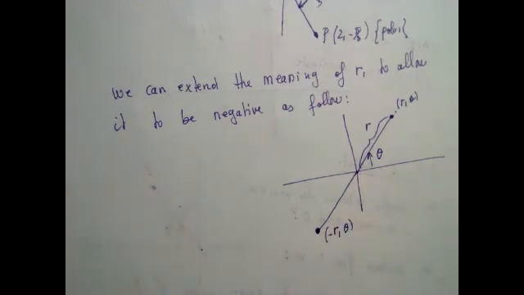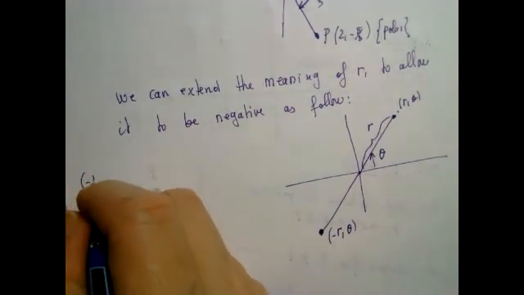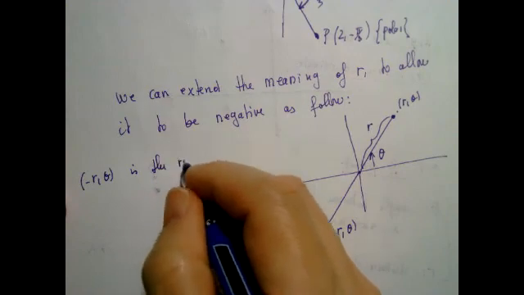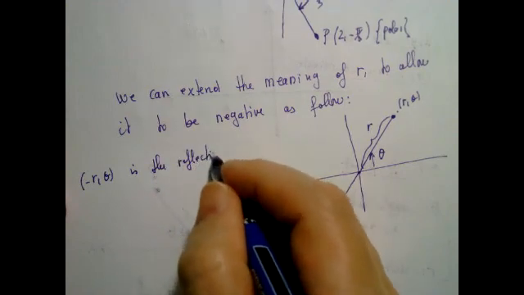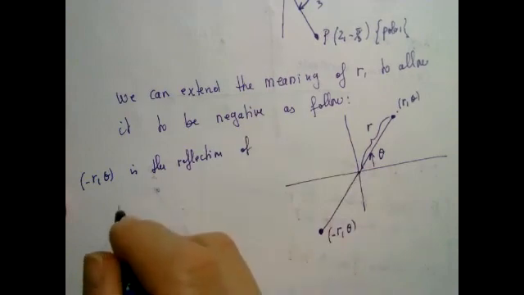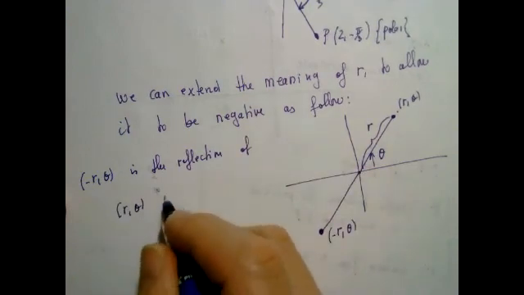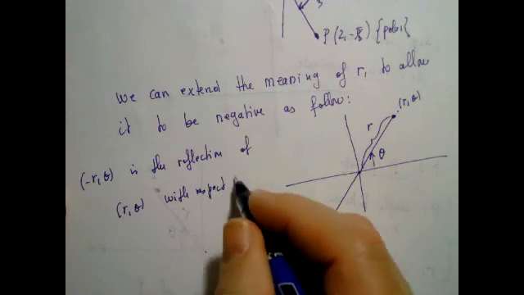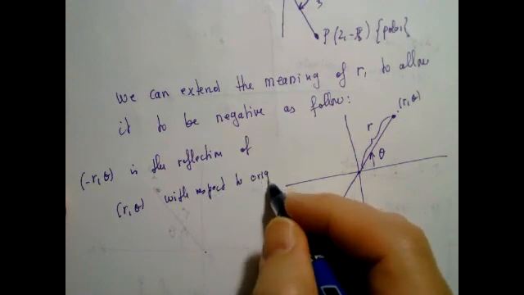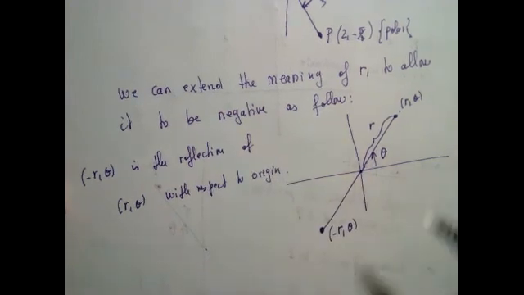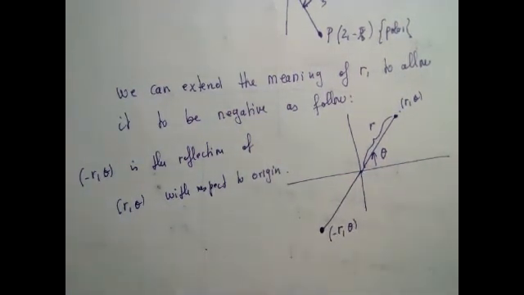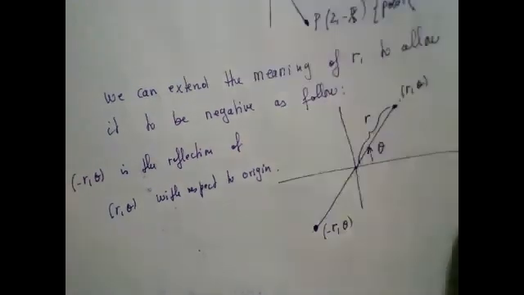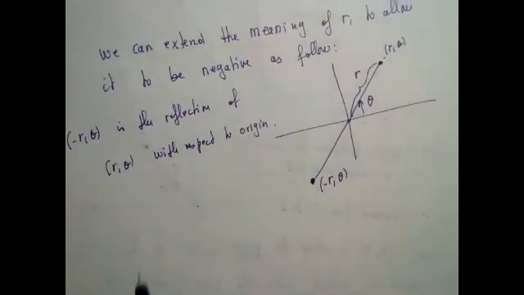So minus r theta is the reflection of r theta with respect to the origin. Okay, so that's the picture. This is (r, theta), this is (minus r, theta). I'm going to sketch one point with negative r, and I will, of course, discuss this more tomorrow.